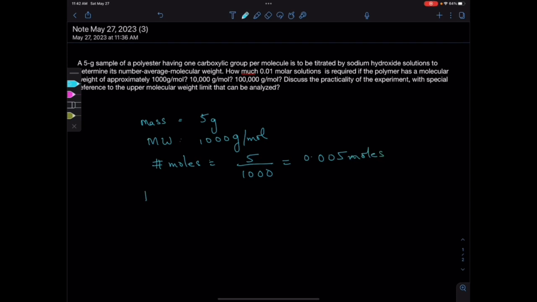Since one carboxylic acid group is present per molecule, we'll have 0.005 moles of carboxylic group.